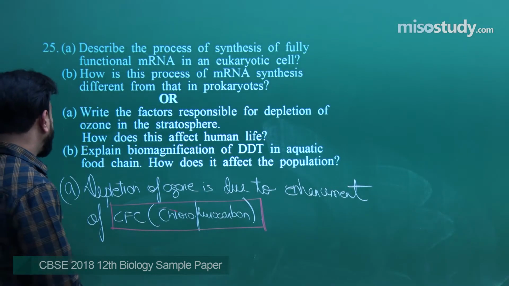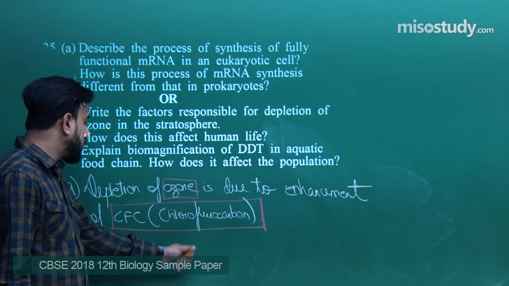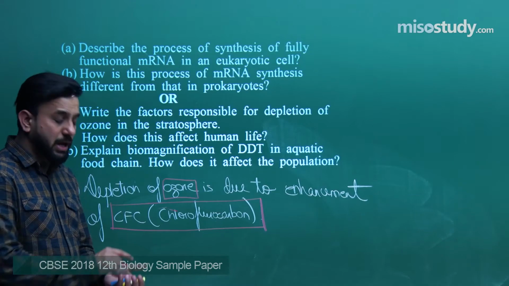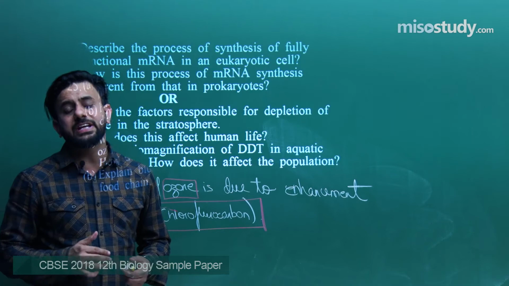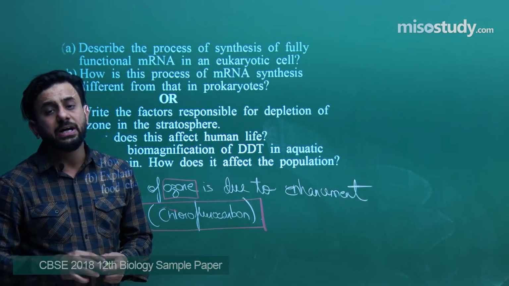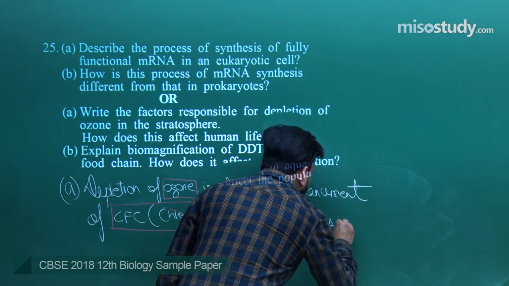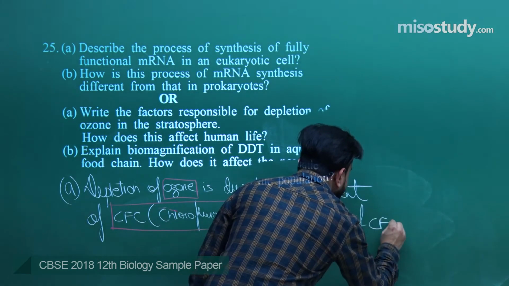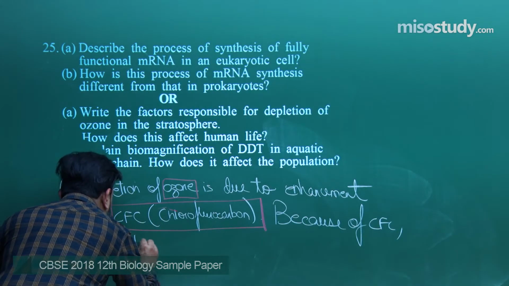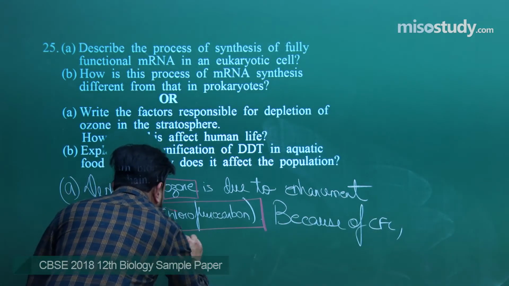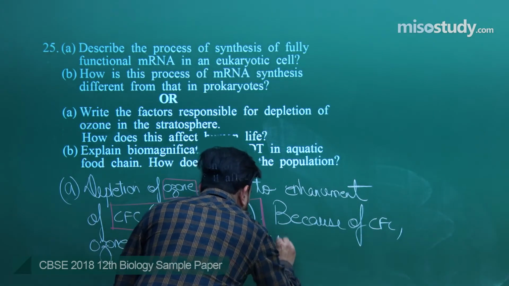The depletion of ozone is due to the enhancement of chlorofluorocarbon, that is CFC. Because of this chlorofluorocarbon, the ozone layer is getting depleted.